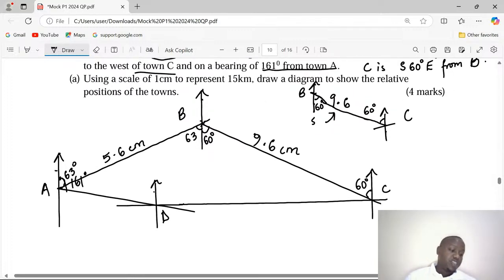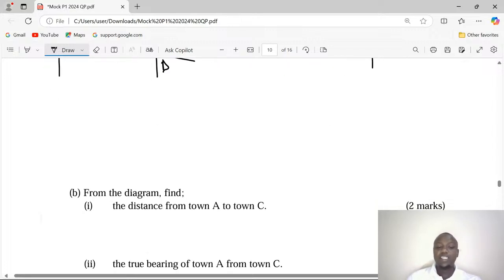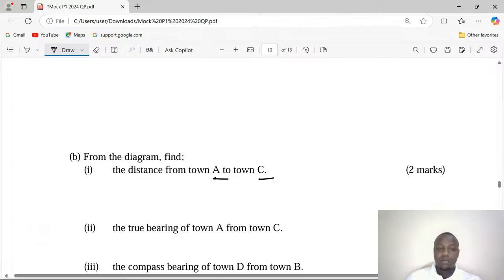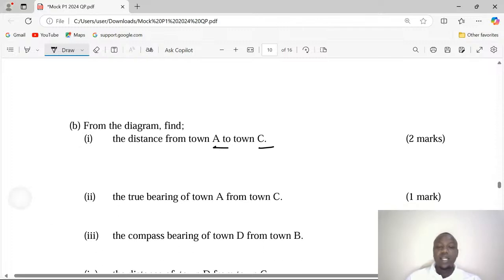I encourage students to use the actual measurements so that they may draw the actual distances. Then after they have come up with these positions, we can have questions after that being read. The distance of town A from C, you just measure it. Remember, you have to measure in centimeters, then multiply by the scale of 15 for you to get kilometers.